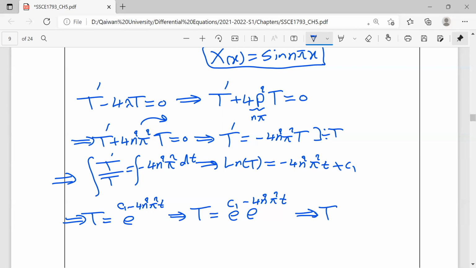And here we let this constant be b, times e to the power -4 n squared pi squared t.